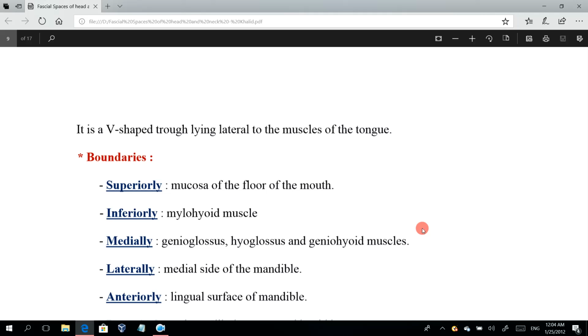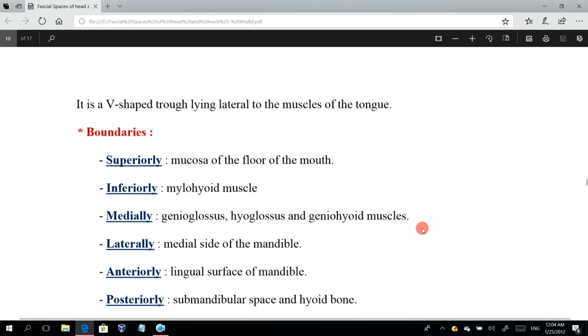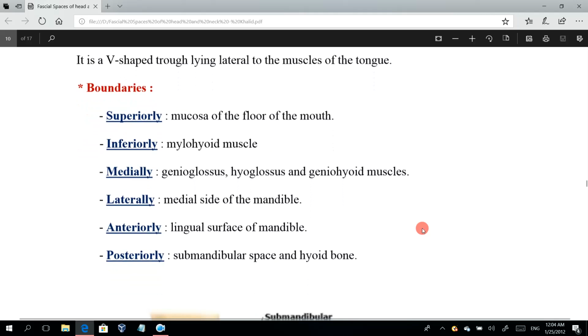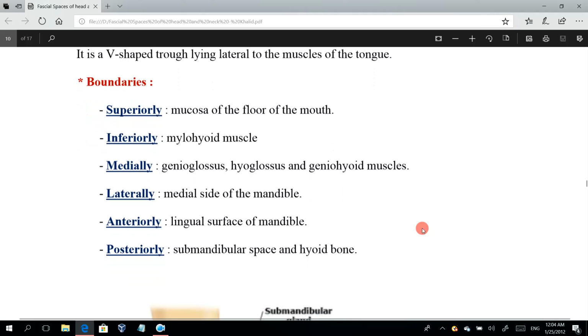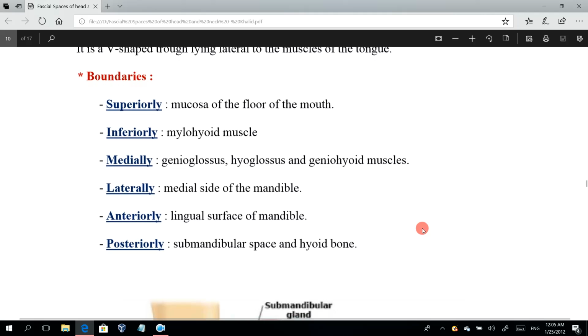What are the boundaries? Superiorly, the boundary of the sublingual space is the mucosa of the floor of the mouth. Inferiorly, we have the mylohyoid muscle. Medially, we have the muscles of the tongue: the genioglossus, hyoglossus, and geniohyoid muscles.